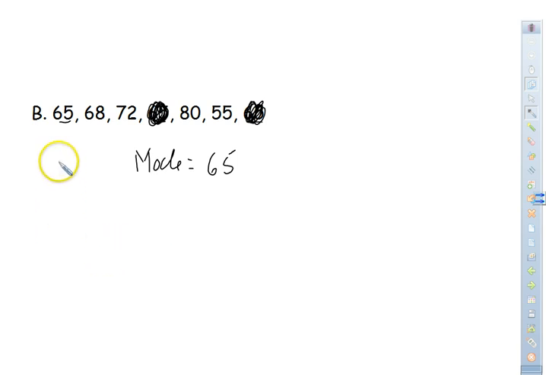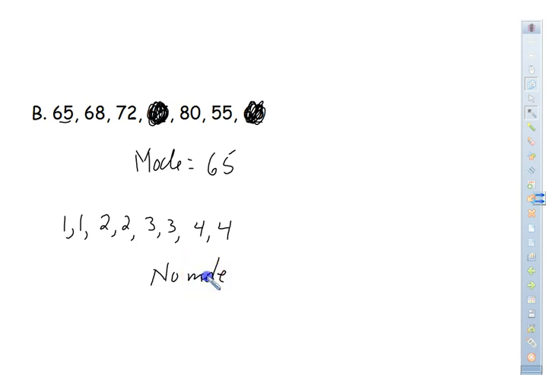Now, if I had a set of data that was, for example, 1, 1, 2, 2, 3, 3, and 4, 4. What's the mode for this? Well, the answer to this, again, is no mode, because none of these occurred more often.